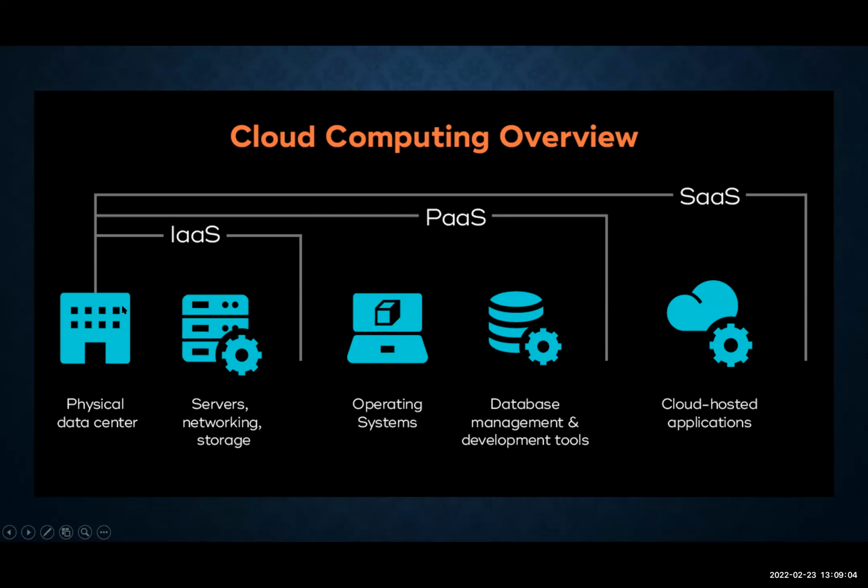So to reiterate, the AWSs, the Amazons, the Microsofts of the world, IBMs, Oracles, these companies have physical data centers. They have hardware in those data centers, like I said before, CPUs, RAM, hard drives, networking, and they make those components available to us for a fee that we can then leverage to expand upon.